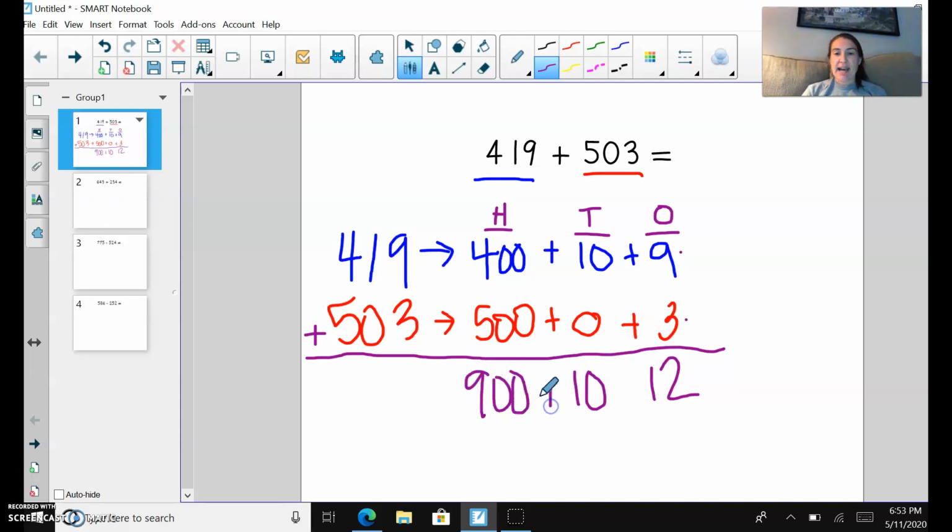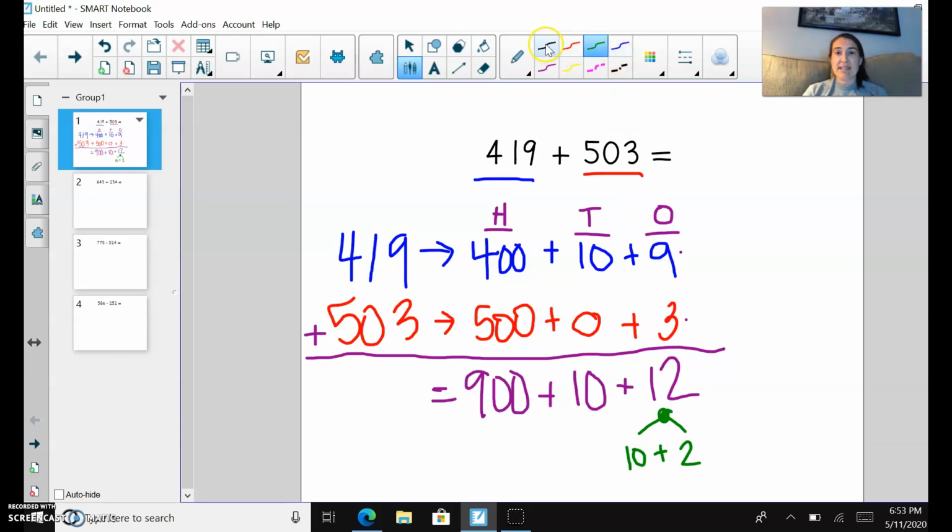Now, I have to go back and add these numbers together. So basically, I need to take this expanded form and put it back together into standard form. Now, I want you to notice something. This says 900 plus 10 plus 12. Now, that 12 is really 10 plus 2.